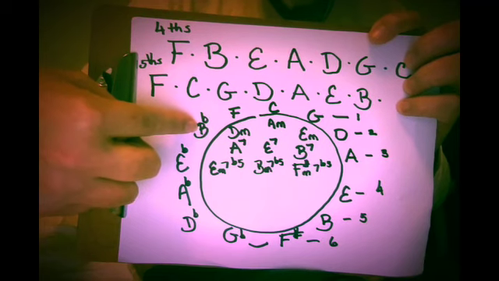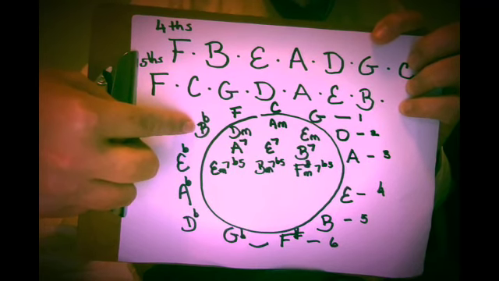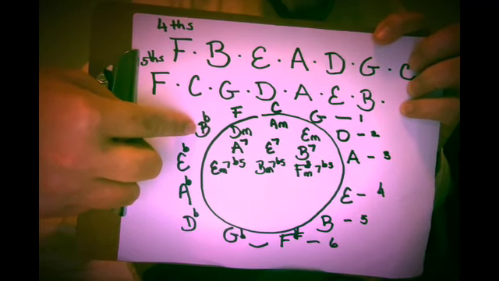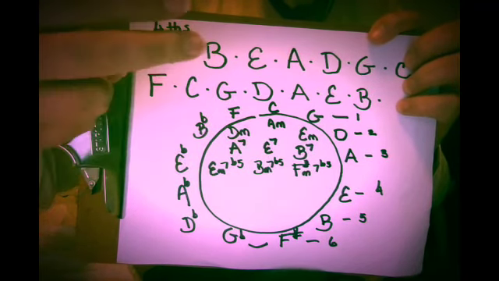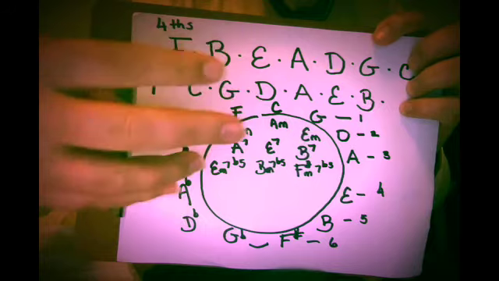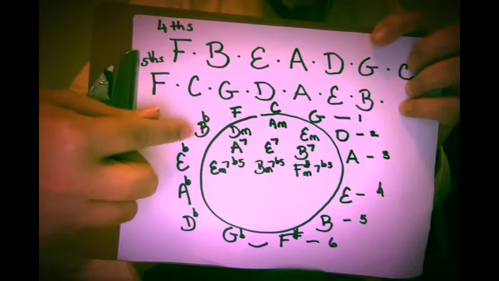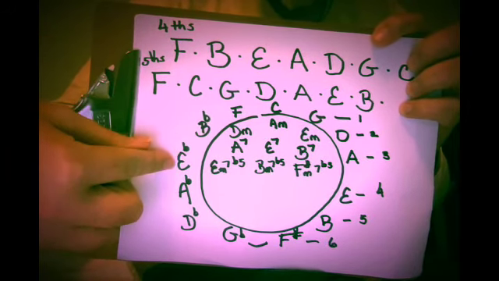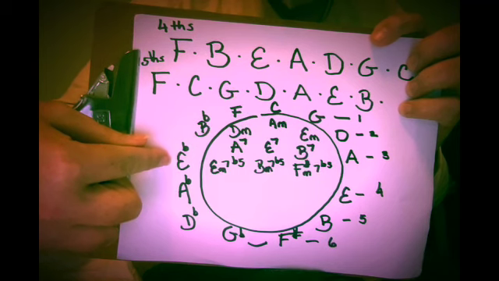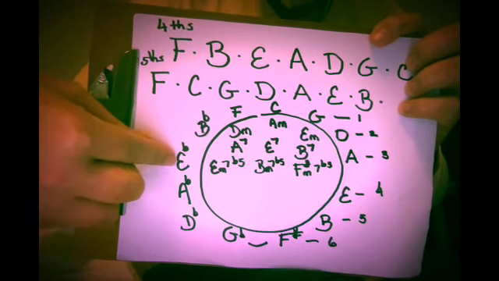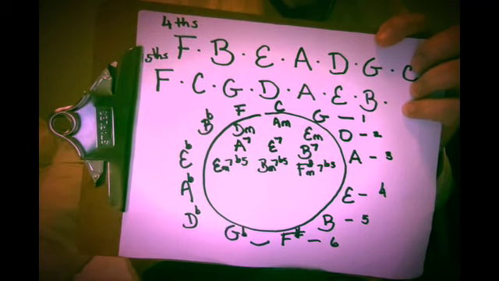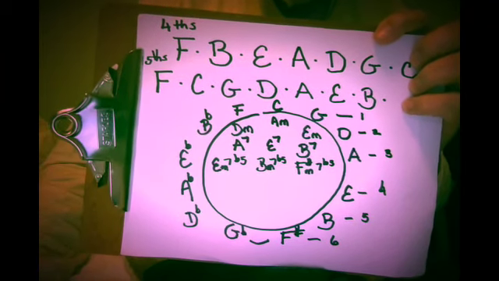The key of B flat has two flats, and of course it includes B flat and, B flat, C, D, E flat. The key of E flat has three flats, and of course it contains B flat, E flat, and the one that makes E flat special, which is A flat.